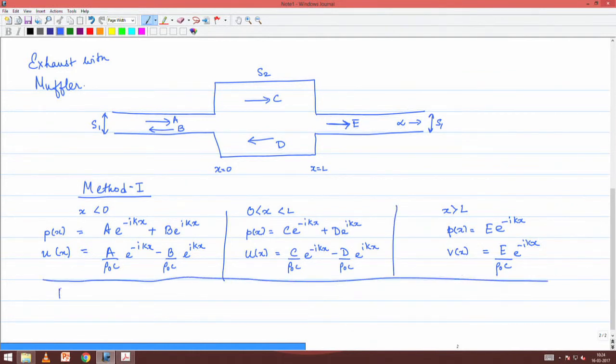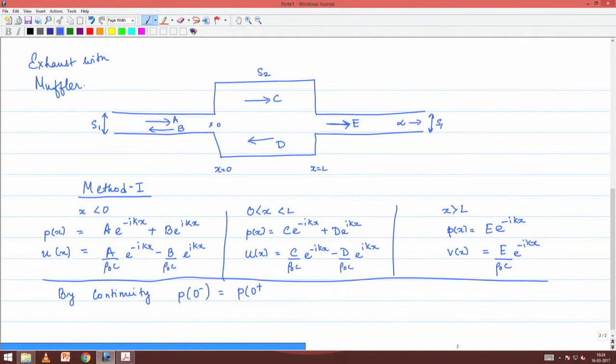So, by continuity we should demand that P at 0 minus should be equal to P at 0 plus. So, if you take two neighboring points just on either side of that expansion chamber, then you should expect the pressure to be continuous.